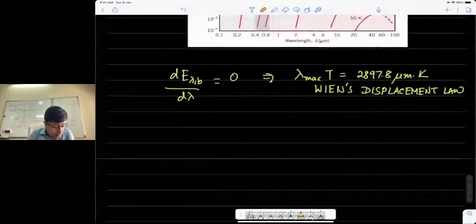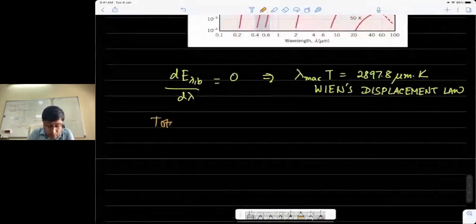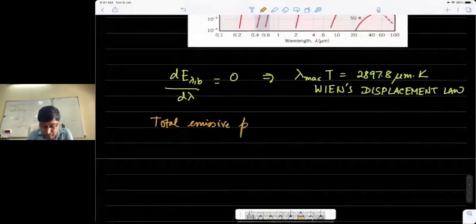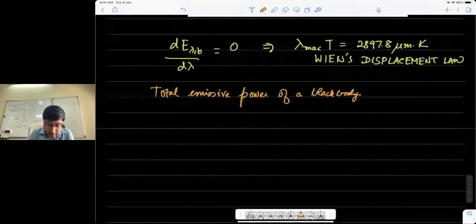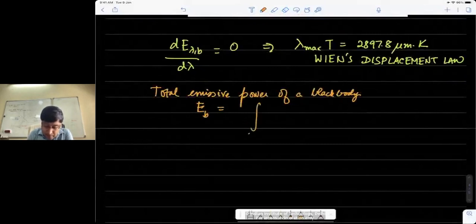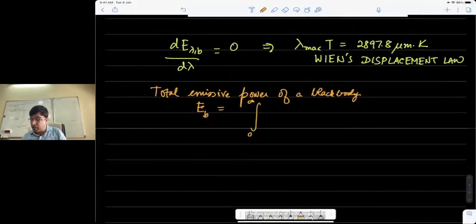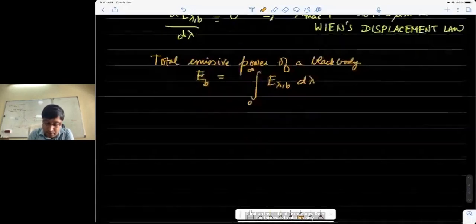Now, the total emissive power of a black body can be obtained by doing a spectral integration. So I can say E_b would be the integral from 0 to infinity, so integration over all wavelengths of the spectral emissive power, E lambda b d lambda, at a given temperature.